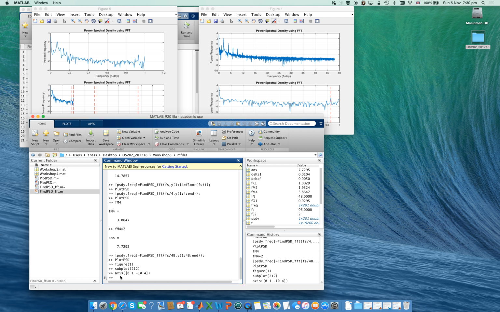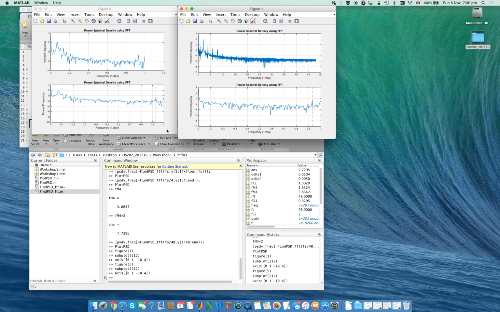Now to compare these two figures, what you should notice in particular, now that we've got the same axes limits, is that it doesn't really look that much different up here.